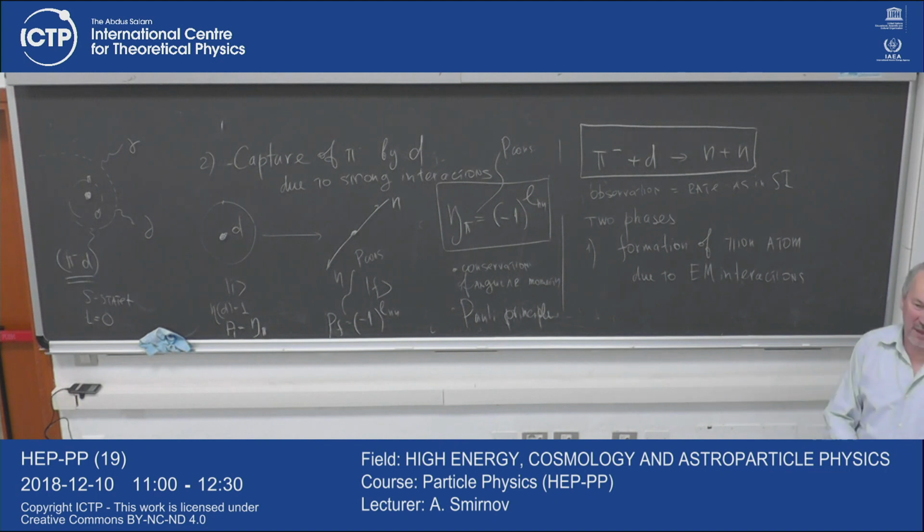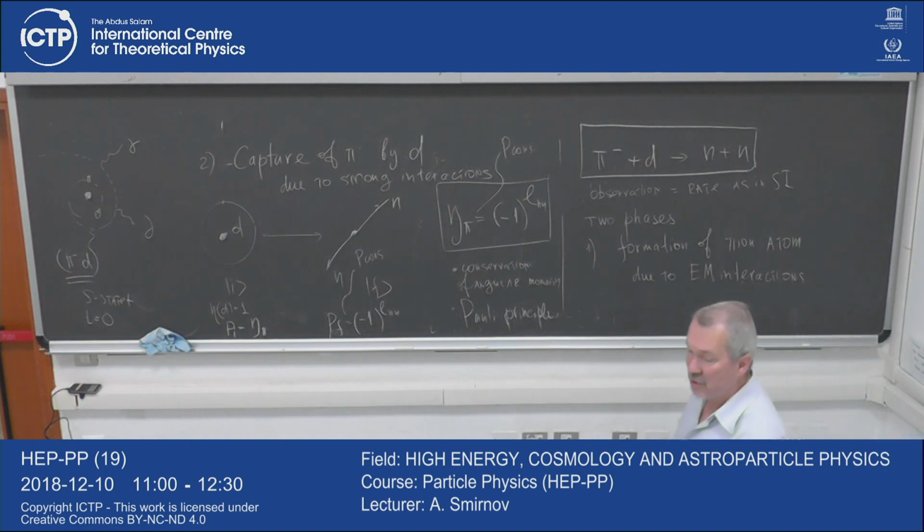And then you use conservation of angular momentum. On top of parity, you can use that the angular momentum in the initial state and in the final state are the same. So you know the angular momentum of the initial state. So just using the combination of these two relations, you can find uniquely the orbital momentum of two neutrons.